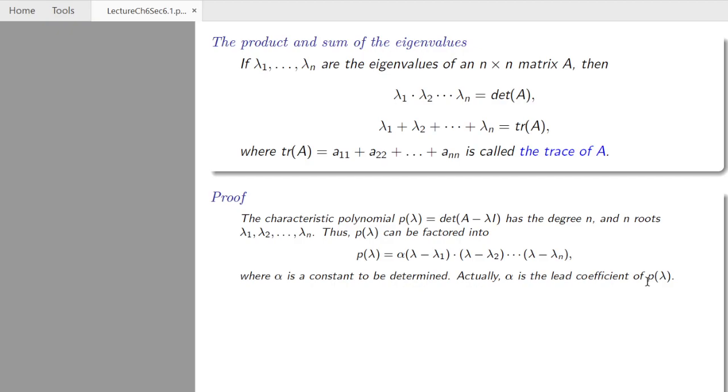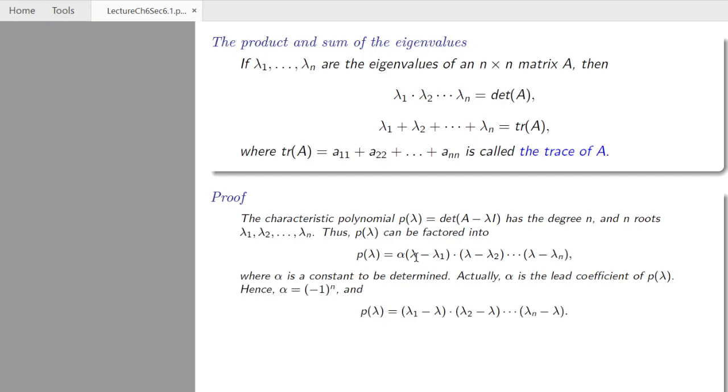What does the leading coefficient mean? This polynomial has degree n, so the first term will be the term related to lambda to the power n. So that is the leading coefficient.